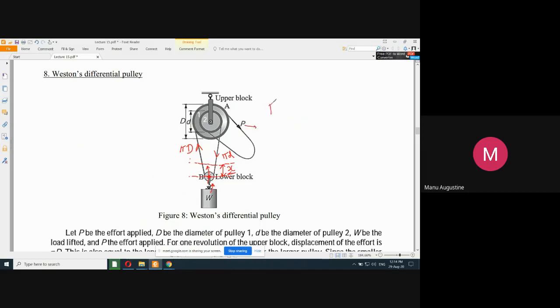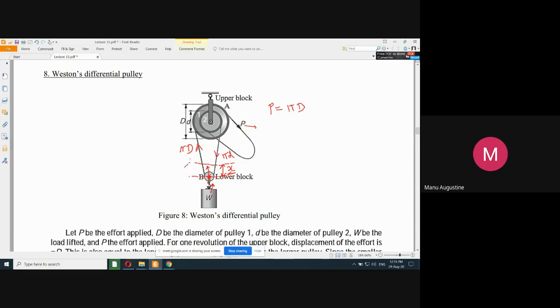The travel of P, or the effort arm, was pi into capital D in one rotation, obviously. Everything is being seen from the perspective of one single rotation of the complete system.